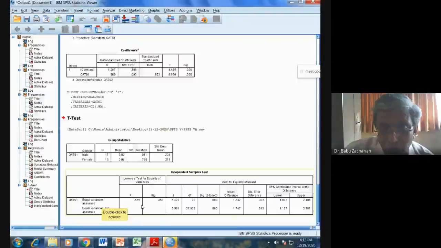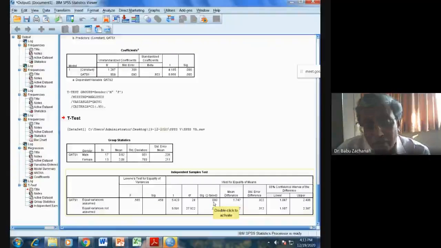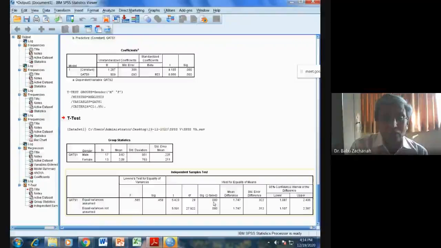The first row only will be looked at. Here the t value is 5.4, a much larger value, and the significance is 0.30 something. That is the two-tailed significance. But remember that the hypothesis is favorable to male students, so we need the one-tailed significance. So divide this 0.30 something by 2, and you will get 0.30 something again, that is smaller than 0.05.